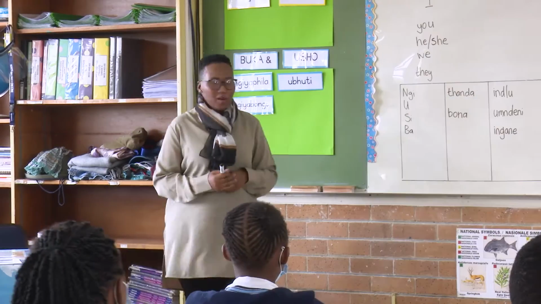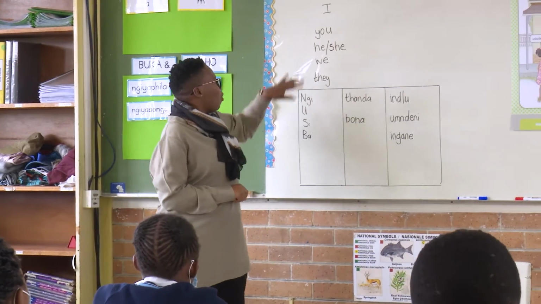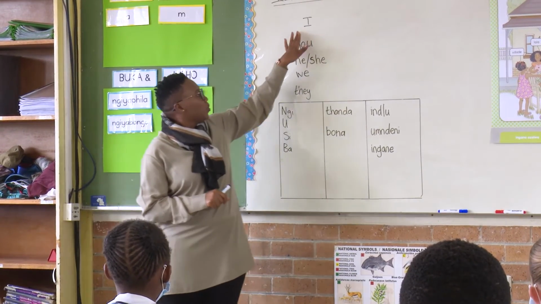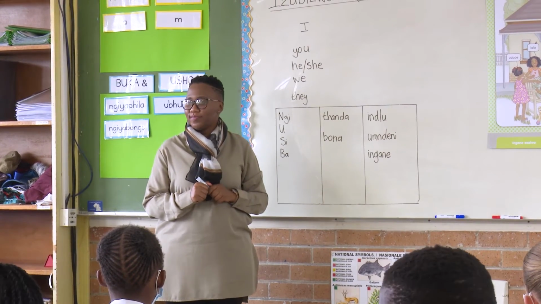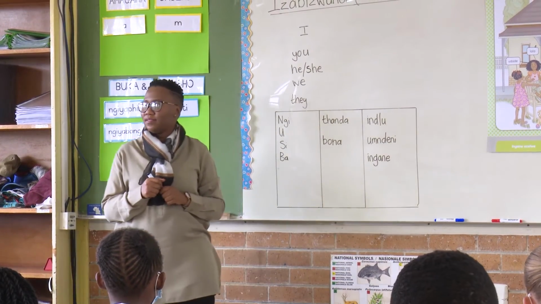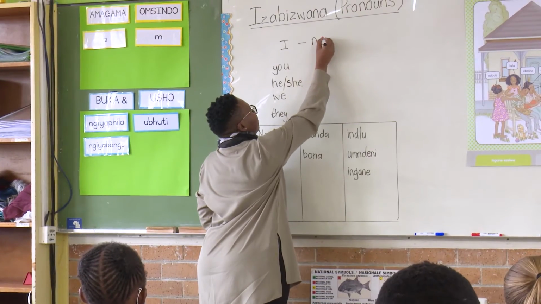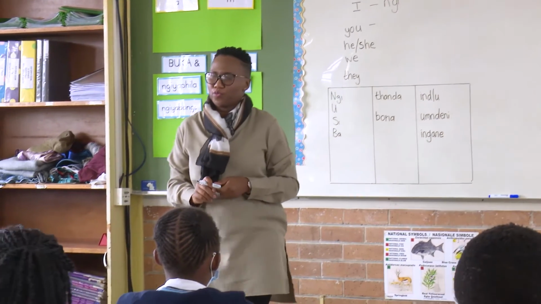Okay, so let's have a look on the board and let's see if you know what these pronouns are in isiZulu. Okay, so we're going to start with I. So who can tell me what I is in isiZulu? Yes, Pearl? Ngi. Ngi, excellent. Okay, and what about you?